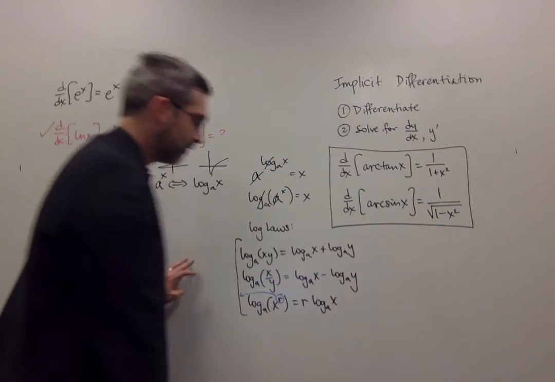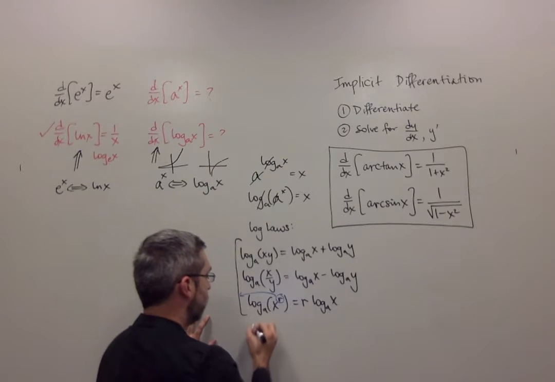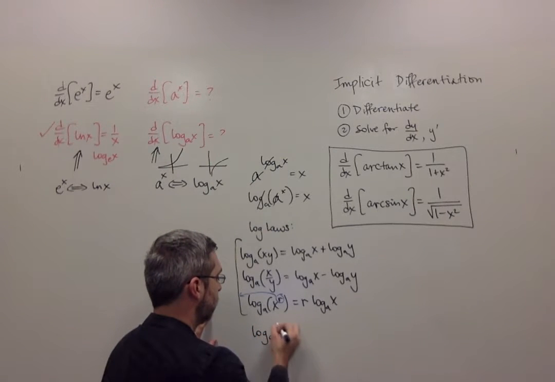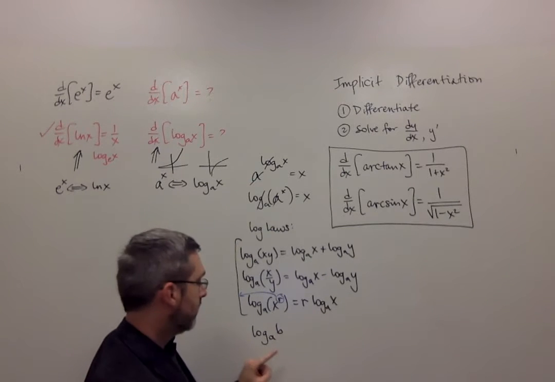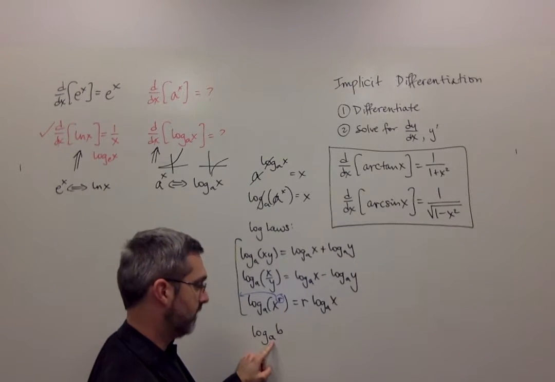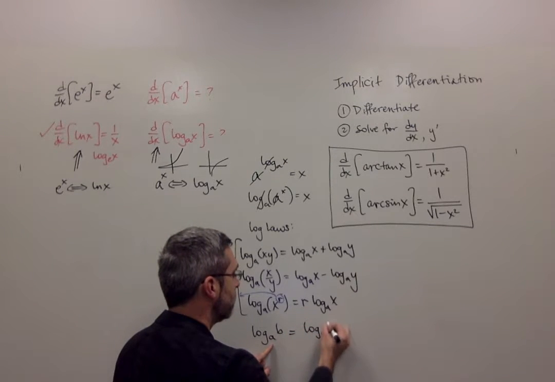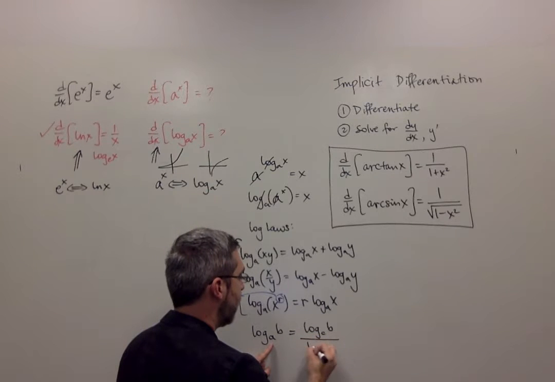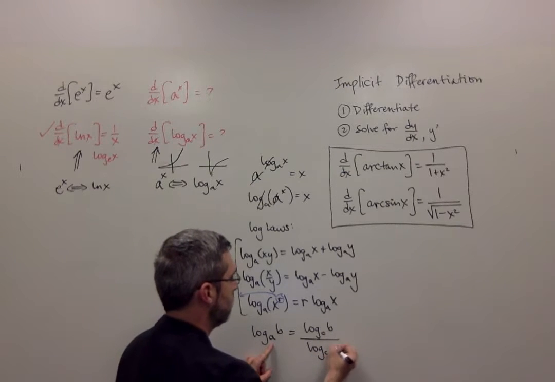So I want to pull it out and just kind of explain it. It says that if I have log base a of b, and I don't like this base that I'm using, I can change the base, but I have to divide by log base that new base of the original base.